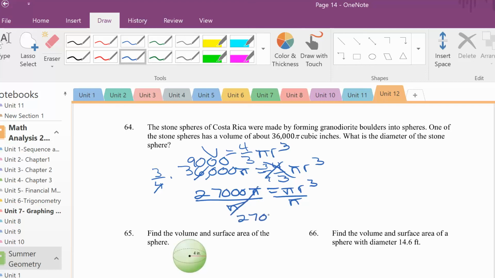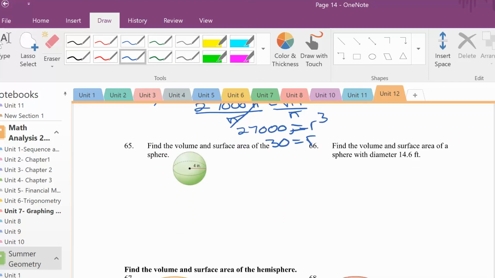So 27,000 equals r to the third. And when you take the cube root of both sides, you get r is equal to 30. So that means the diameter is equal to 60 inches.